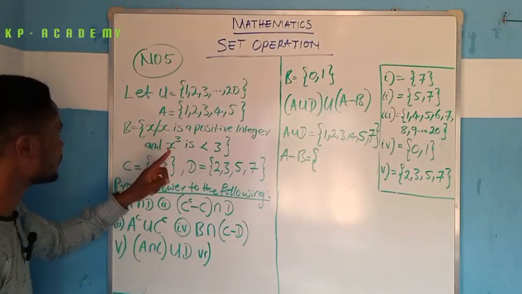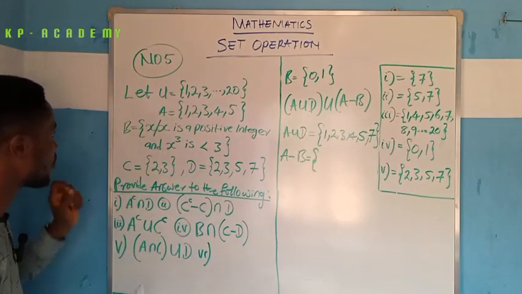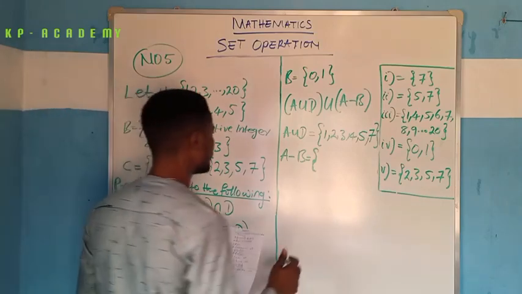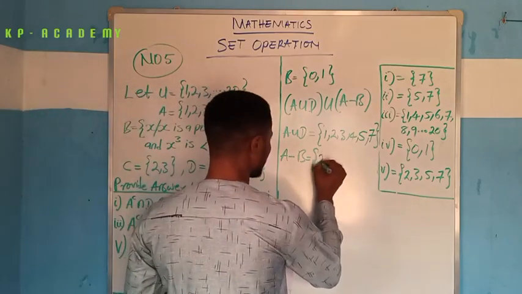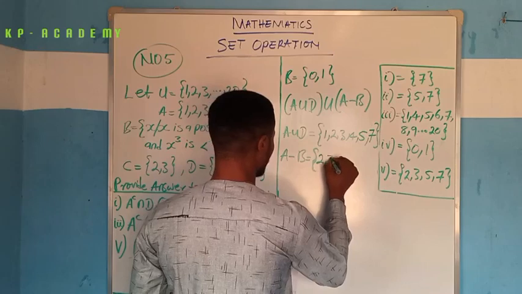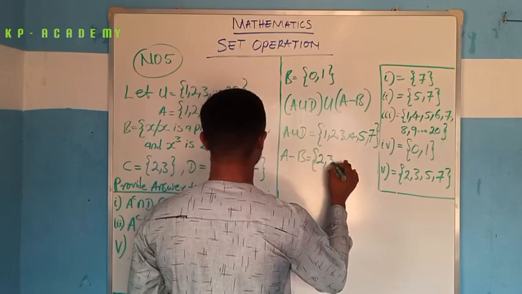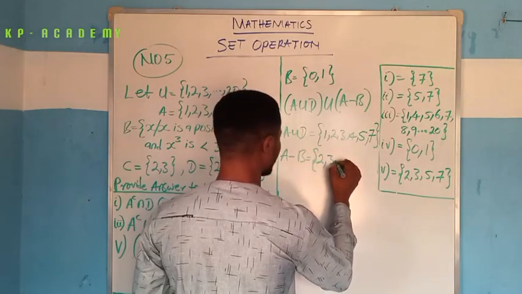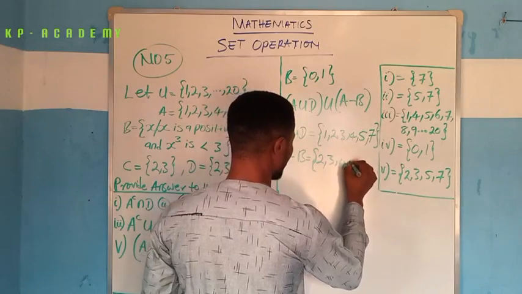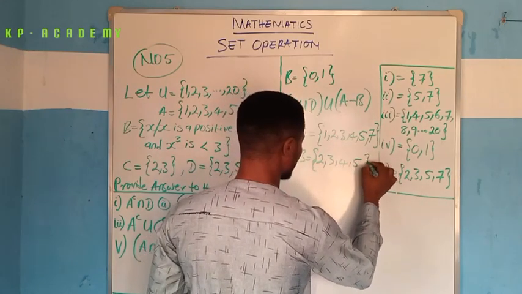They do not have 0 in common, but they have 1 in common. So the answer will be 2, 3, 4, 5. And that's all.